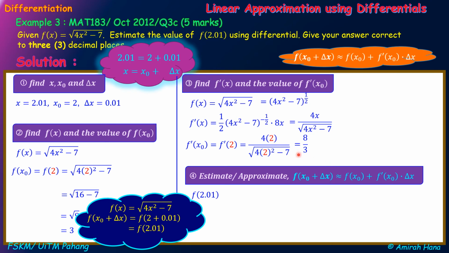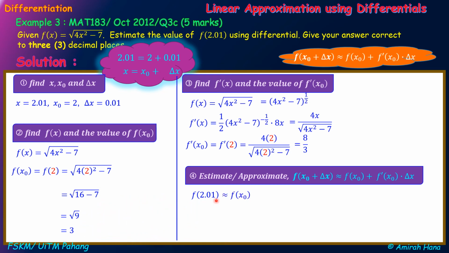We just write the left-hand side as the given question, and approximate it using the right-hand side formula, which is f of x naught plus f prime x naught times delta x. f of x naught we get from step 2, f prime x naught we get from step 3, and delta x we get from step 1.